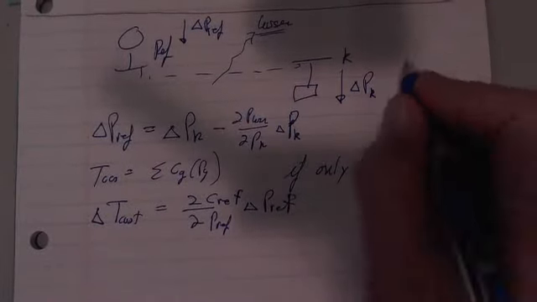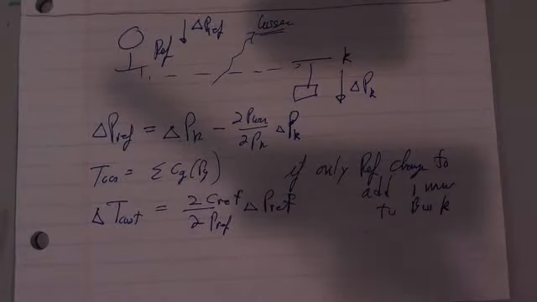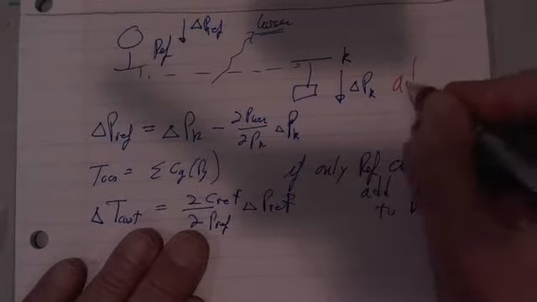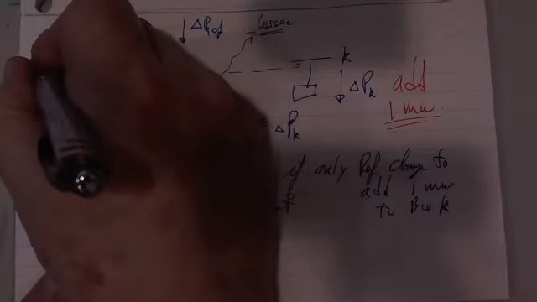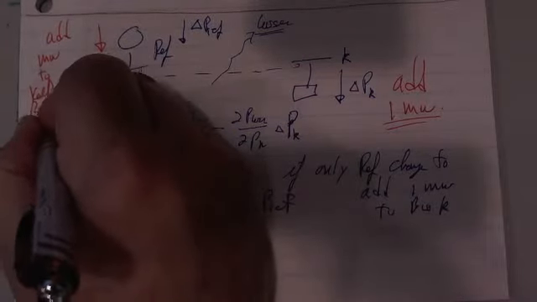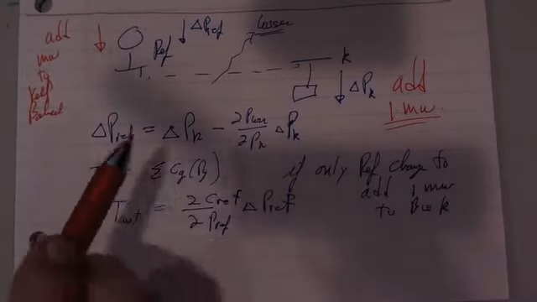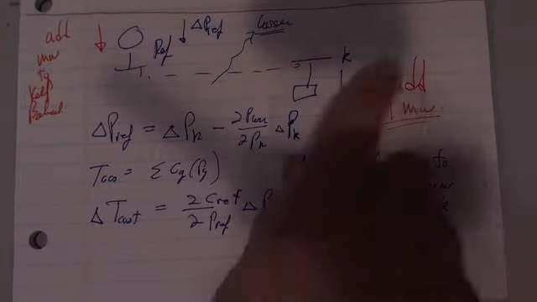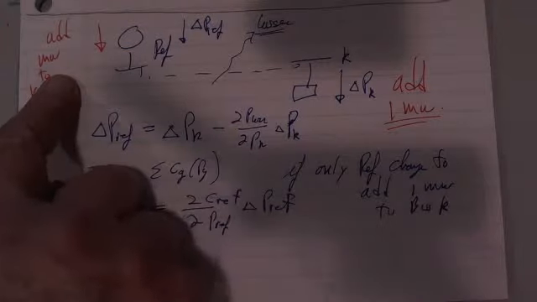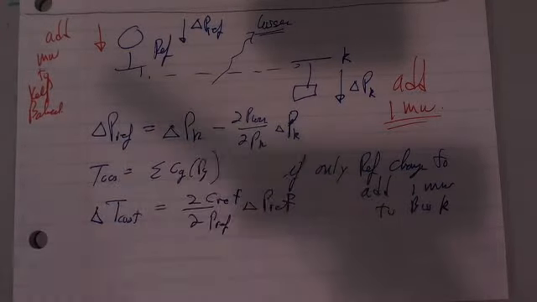Okay, so again, I'm going to put this in red. I'm going to say add 1 megawatt here, and up here I'm going to add megawatts to keep things balanced. Now I say that it's not 1 because of the losses. And if I add power here and the losses go up, then he puts out 1 plus a little extra.